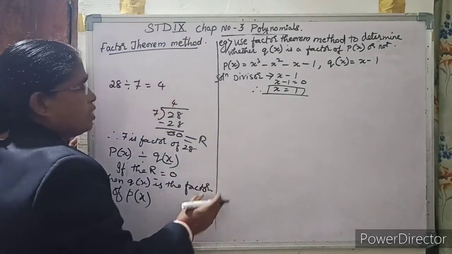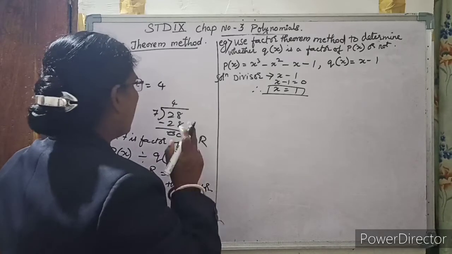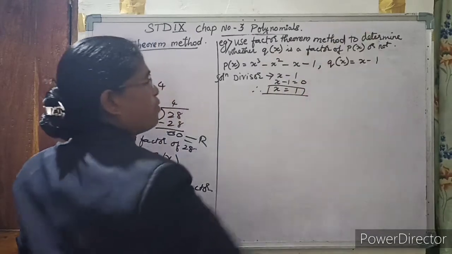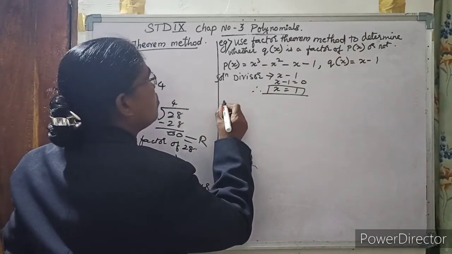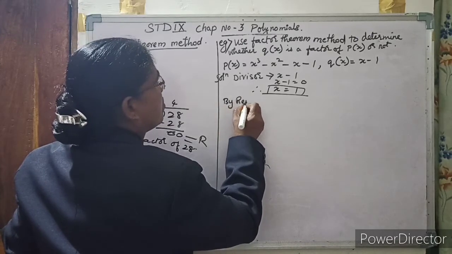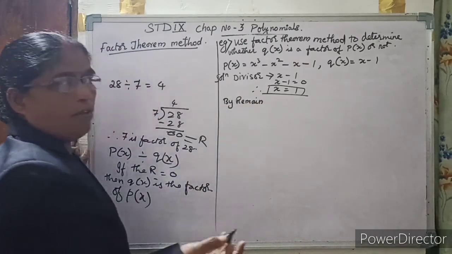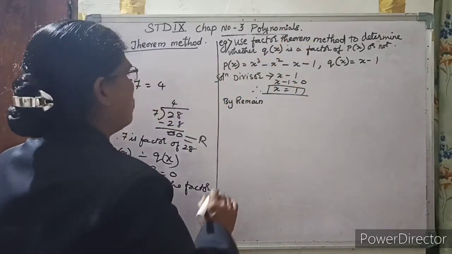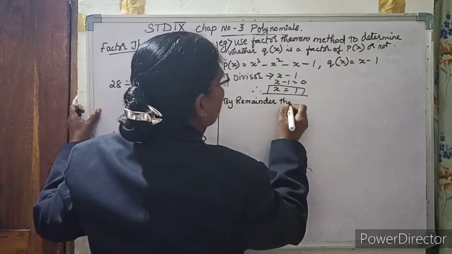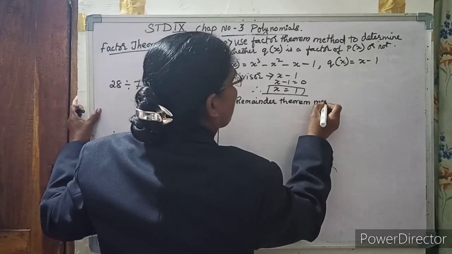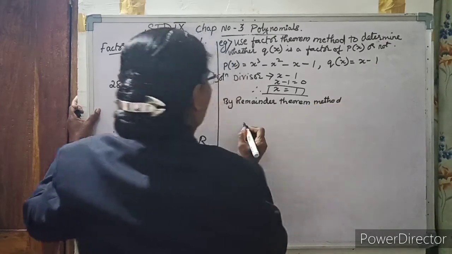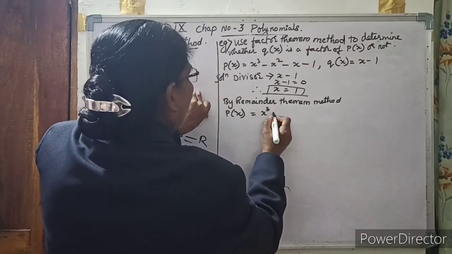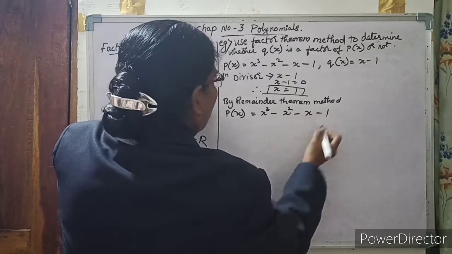Now we only have to find the remainder to determine whether polynomial q(x) is a factor of polynomial p(x) or not. So for that we will use the remainder theorem method. By the remainder theorem method we directly find the remainder. Then we can say whether q(x) is a factor of p(x). So we have polynomial p(x) equal to x cube minus x squared minus x minus 1.